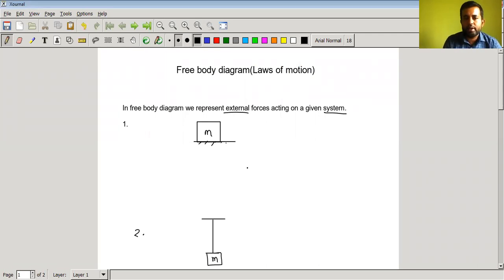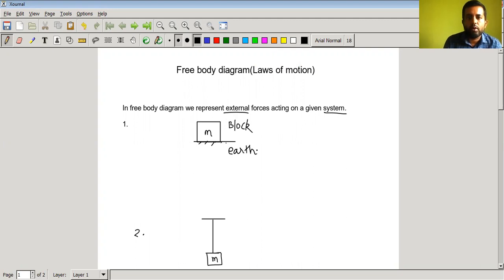So let us take first example. One mass m, one block is resting on earth. So this is a block, right? And this is earth, let us say.